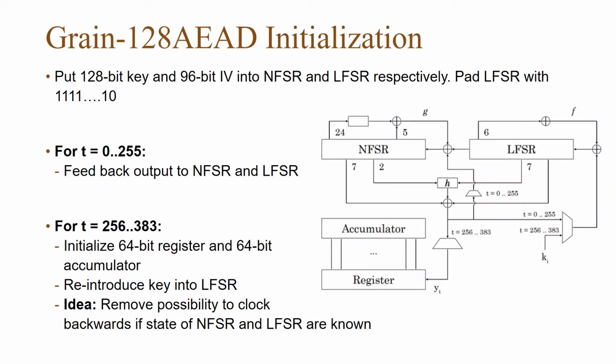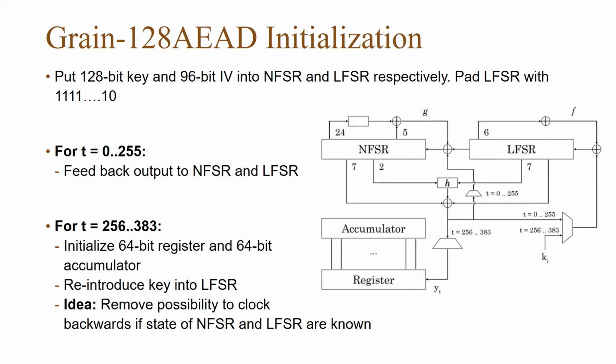What we do with the first part of the initialization is to put the 128-bit key and the 96-bit IV into the NFSR and LFSR respectively. Then we pad the LFSR with 1s and finalize with a 0. Then, to initialize, for the first 256 time instances, we feed back the output of the stream cipher to the NFSR and the LFSR.